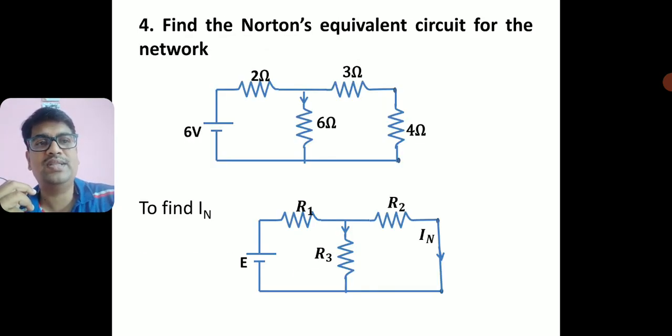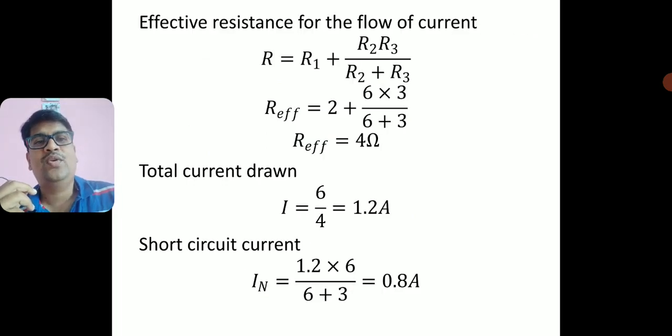Look at the two branches: one is R2 and the other is R3. R3 is 6. So 1.2 into 6 divided by 6 plus 3. So IN is equal to 0.8 amperes. I have calculated the Norton's current.